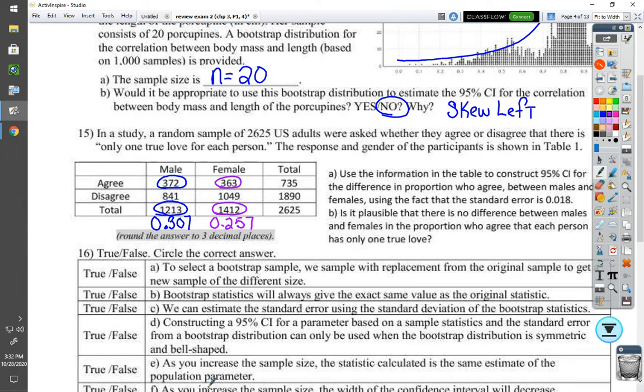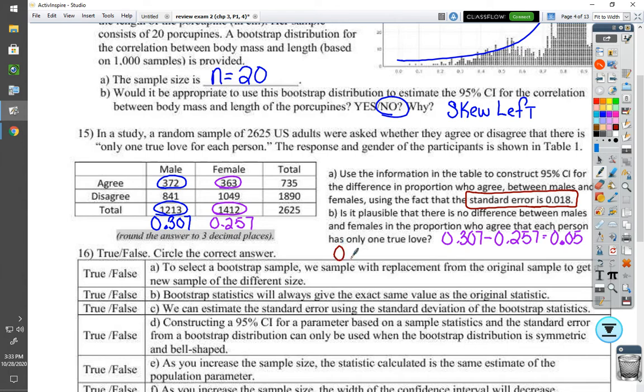It's asking me, first of all, to take the proportion difference between males and females. So I'm taking 0.307, subtracting 0.257, and that's going to give me a grand total of 0.05. Then I'm supposed to use the standard error. And remember, we use two standard errors in order to do a calculation.